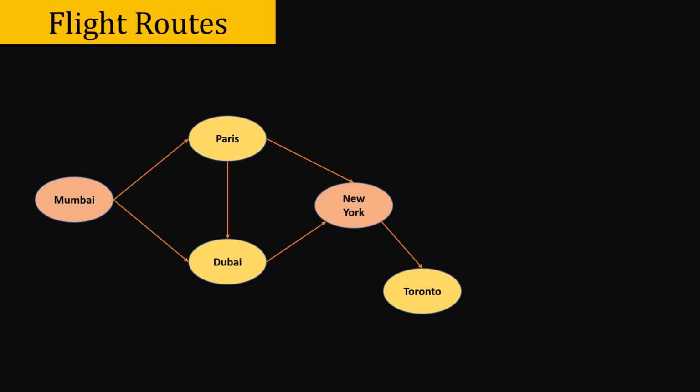Now, one of the common utility of graph is finding the route between two cities. Let's say here in the case of our flight route example, you might go to websites such as priceline.com, where it allows you to search for flights, or kayak.com.